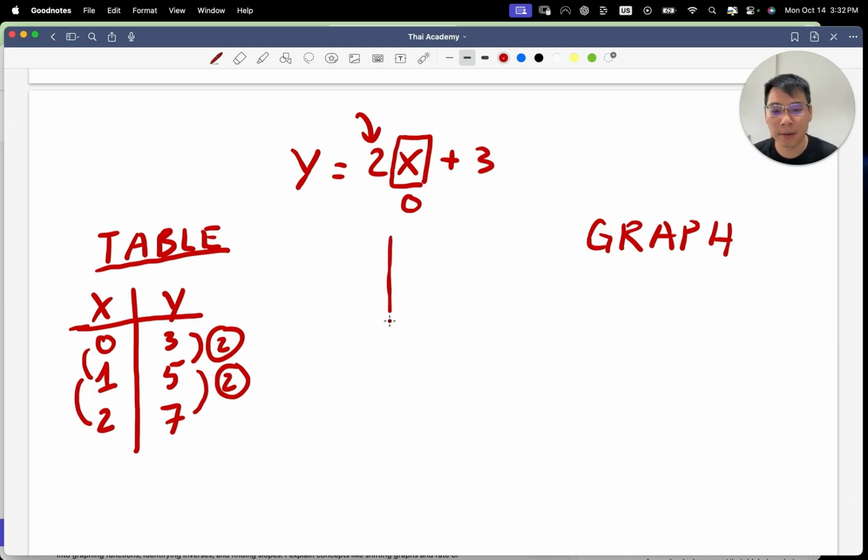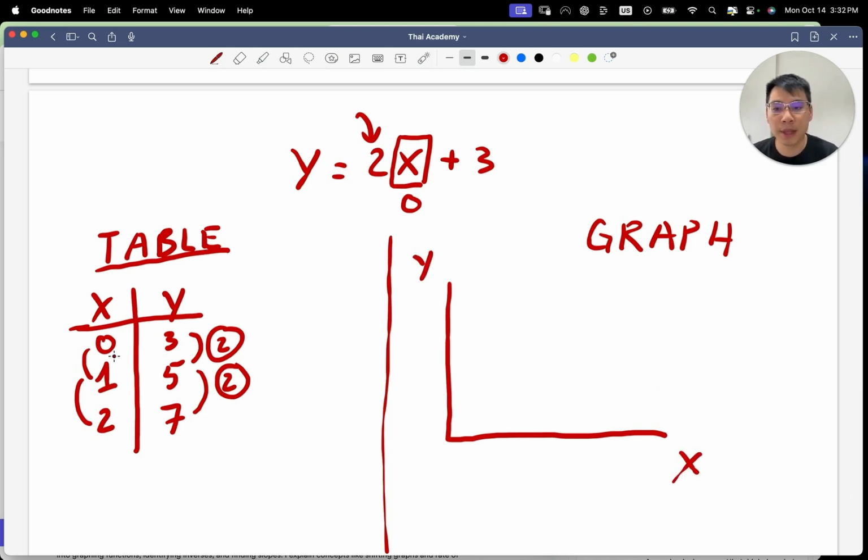Now, if I am going to draw this out based on the table, I can have my x on the x-axis and y on the y-axis. With the table that I have already drawn from the equation, I can start with 0, then it goes to 3.